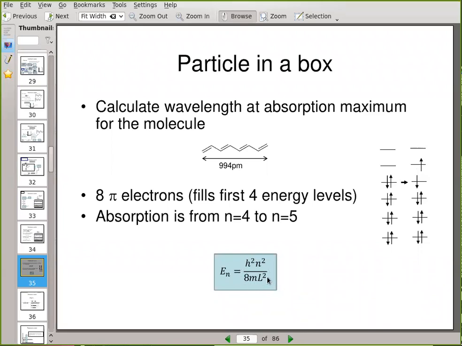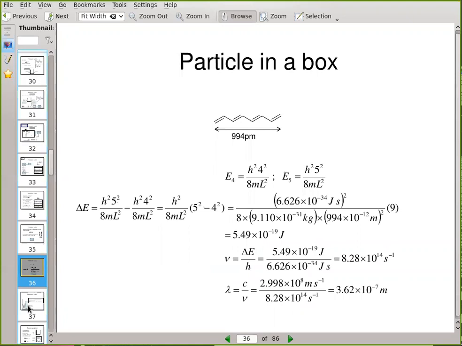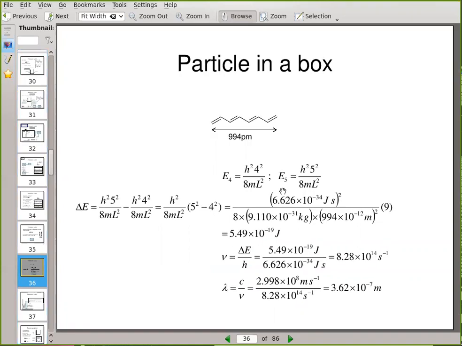We have all the information we need to calculate an exact value of energy for this molecule. Okay, and so we can do that, and I've done it. On the slide, you can see that I've managed to find the mass of an electron. I've converted 994 picometers to meters, and I've found h as Planck's constant.